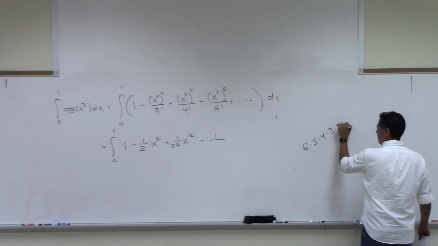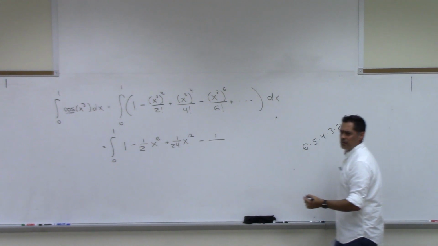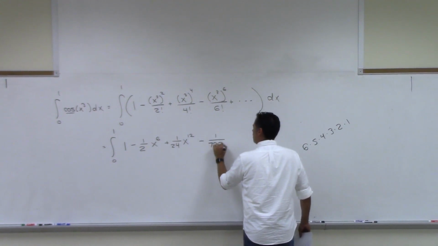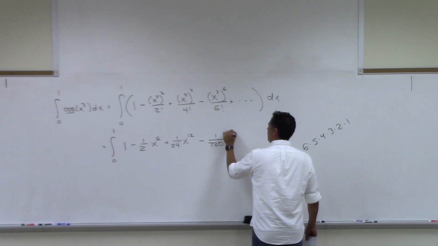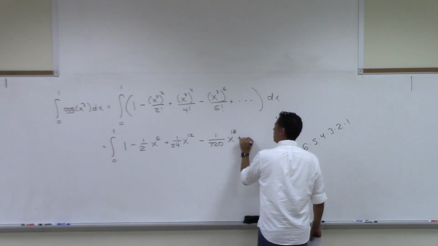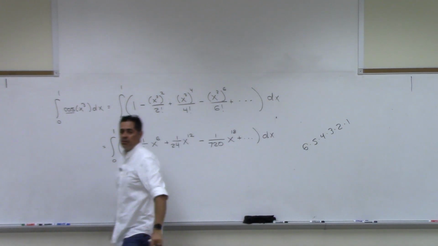I always forget these. Okay, 720, and then x to the 18th plus dot, dot, dot, dx. That's the first 4 terms.